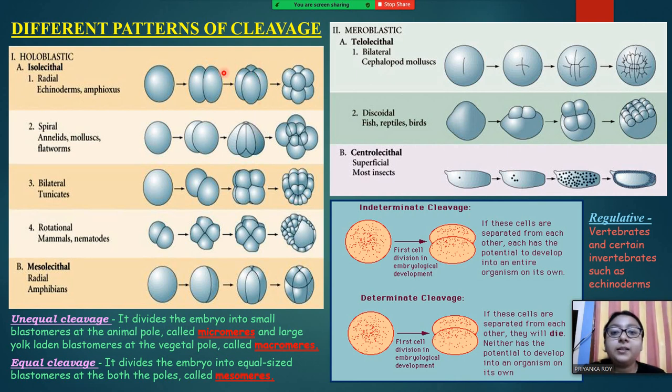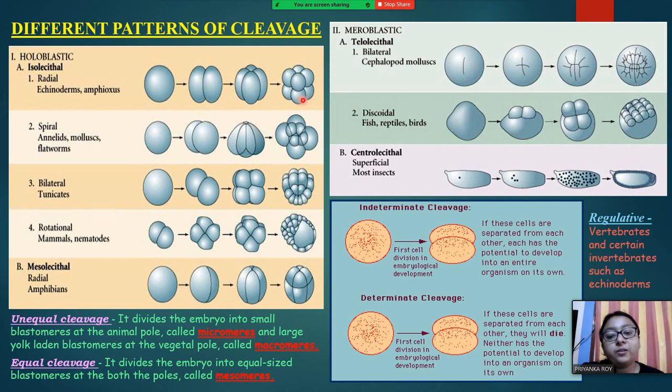Like this plane, this is another plane of cleavage, transverse, and next again from here the cleavage has occurred from the equatorial plane, and it is giving rise to 8 cells which are equal in size and shape. So when the cleavage is equal, it divides the embryo into equal size blastomeres at both poles. In the animal pole you can see the 4 blastomeres are of equal size, and in the vegetal pole also the 4 blastomeres are of equal size.